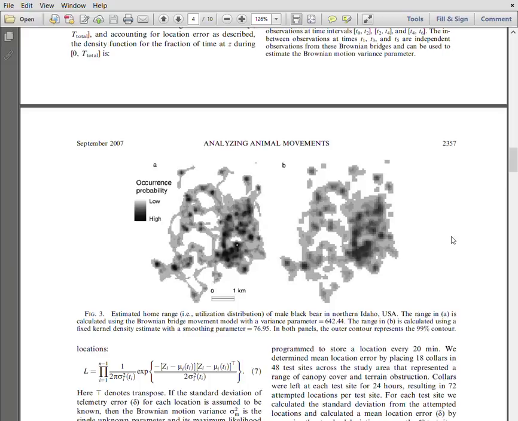And the big difference between them, and you can kind of tell by looking at it, is that it's a little bit crisper when you use the Brownian bridge motion model, because on the right hand side, the kernel density function calculates the range of this animal based on the assumption that there is an underlying probability distribution to the points, when in reality, with an animal going from point A to point B, the Brownian bridge motion model takes advantage of the fact that the animal is starting at point A and ending at point B, and it makes the calculation more accurate.